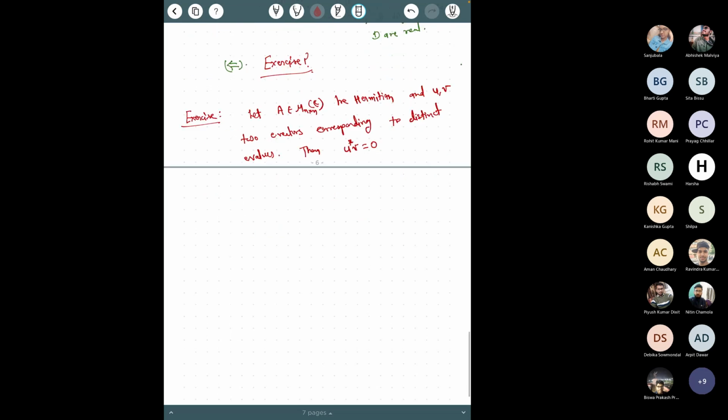So let us introduce positive definite matrices.